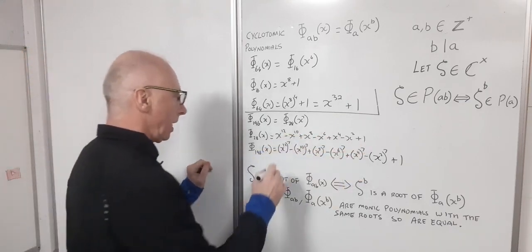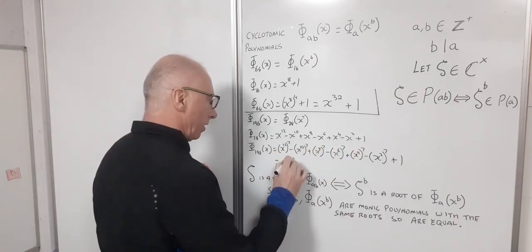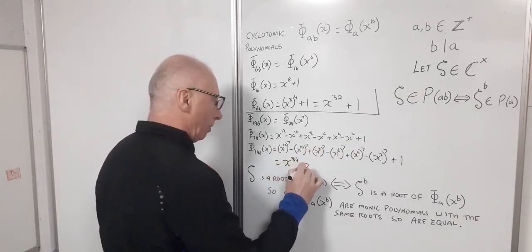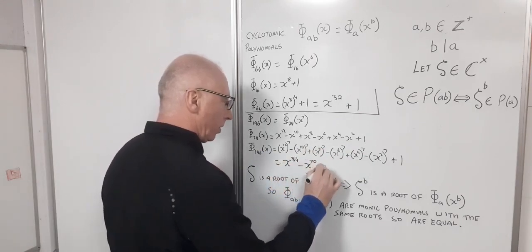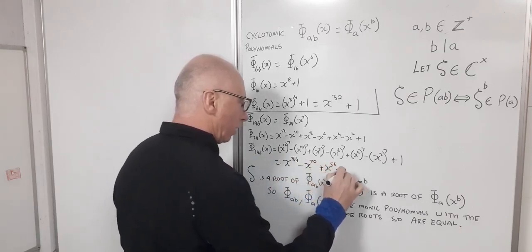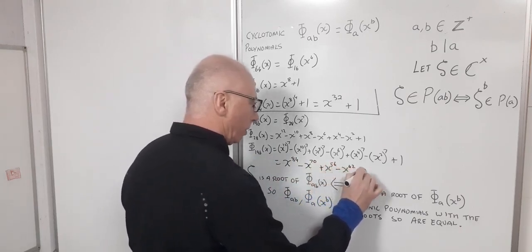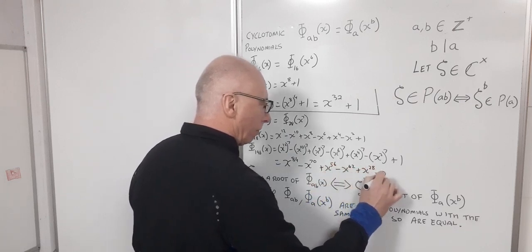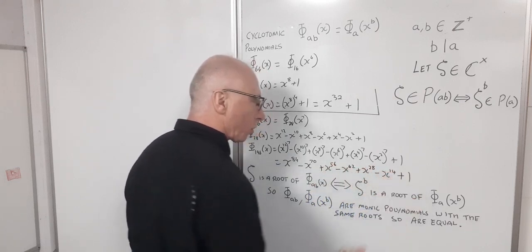So then this would equal x to the 84 minus x to the 70 plus x to the 56 minus x to the 42 plus x to the 28 minus x to the 14 plus 1.